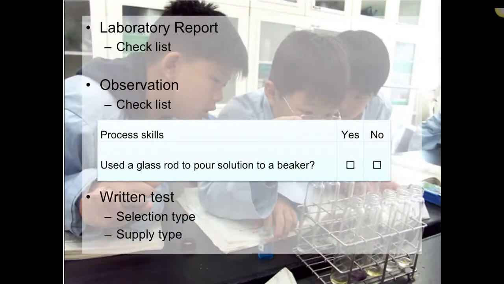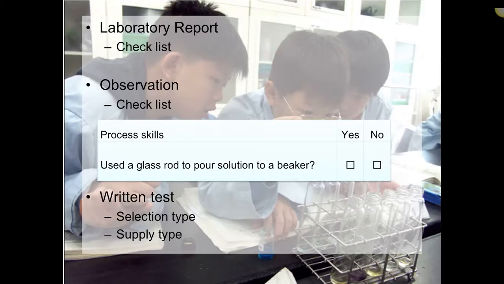Also, to measure process skill, you can have a lab report sheet, or your own checklist. Develop your checklist, and then when students do some lab, you can check their process skill.